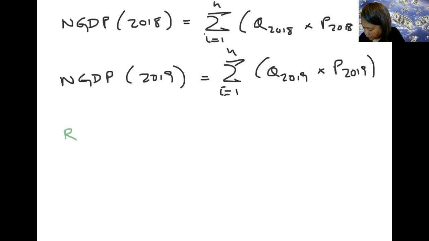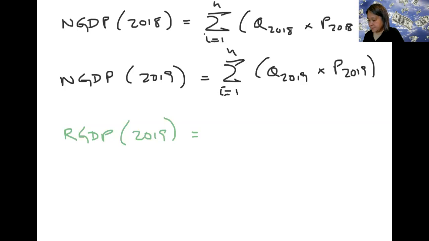So if you look in your notes here, as soon as we talk about real GDP, we're going to be using something called a base year. A base year is a year where we keep prices constant. So whenever we talk about real GDP, you're going to use a base year.